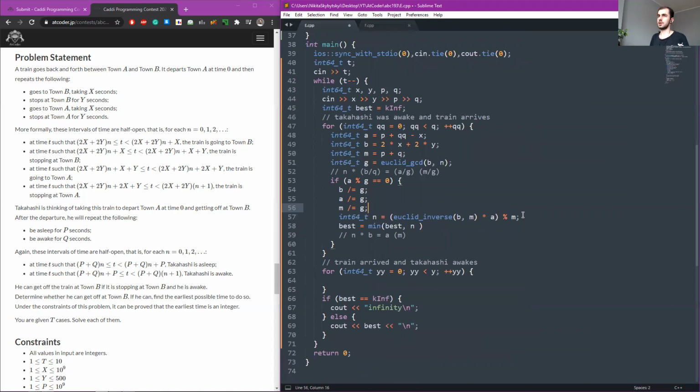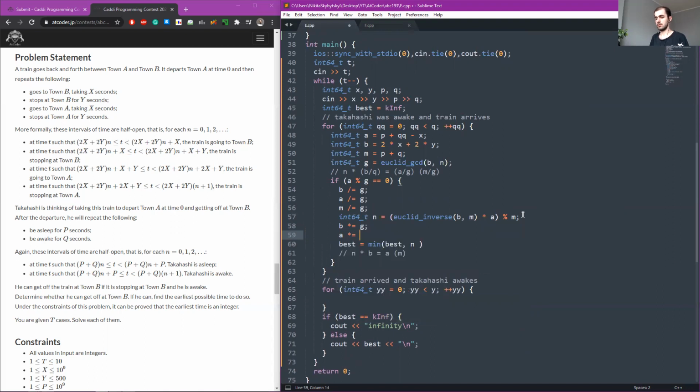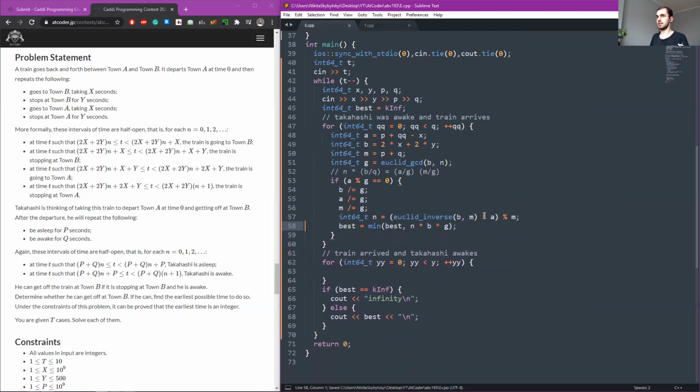Well, actually, we were solving the equation n times b equals something, so this should be like this, I think.